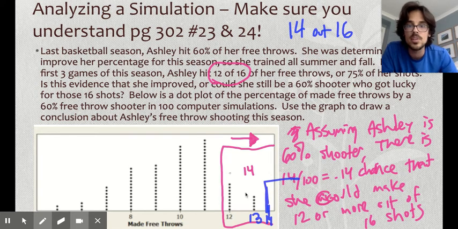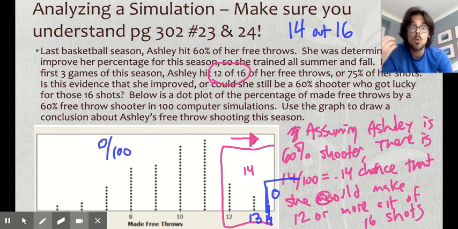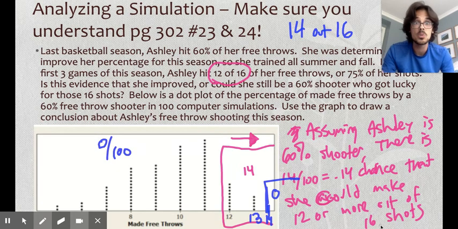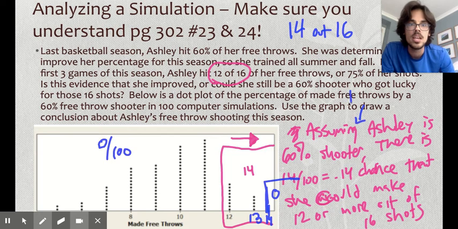So the probability of that happening would be about 0 out of 100. And if I saw that, I would be like, whoa, she's gotten better. She's definitely better. It's very unlikely to happen if she's still a 60% shooter. But in our problem right here, getting 12 out of 16 was kind of rare, kind of surprising, only a 14% chance of that happening. But that probability is too high to be certain.